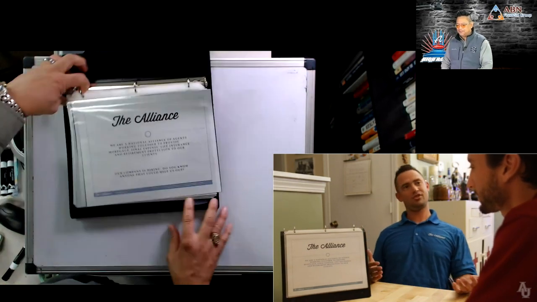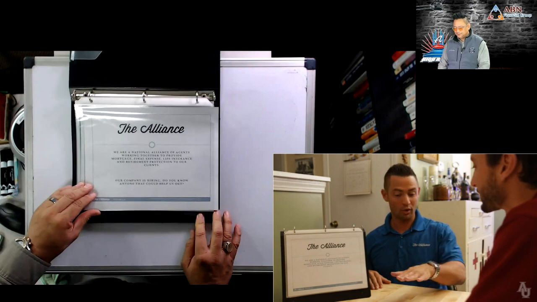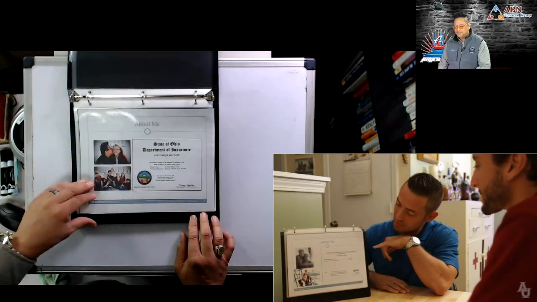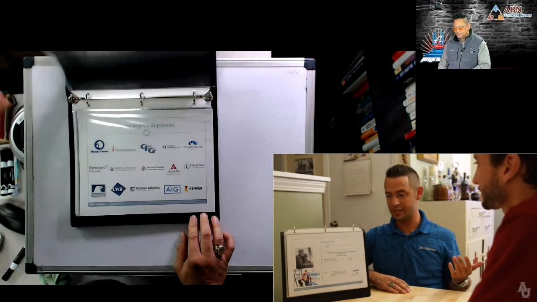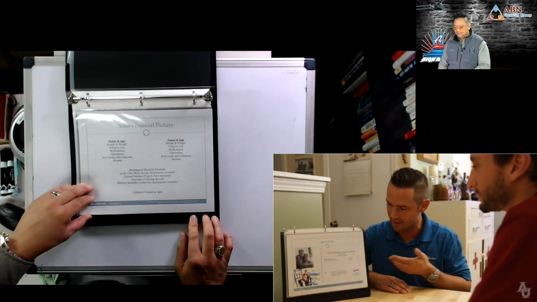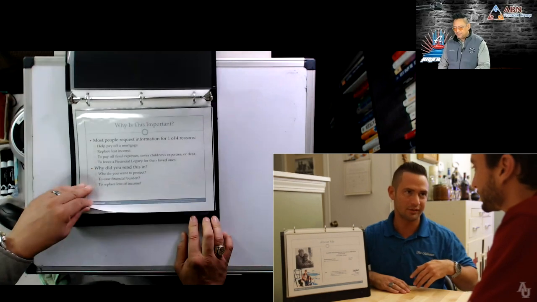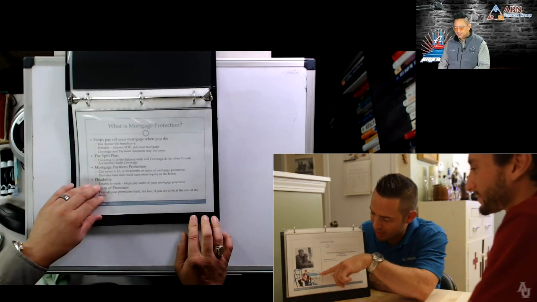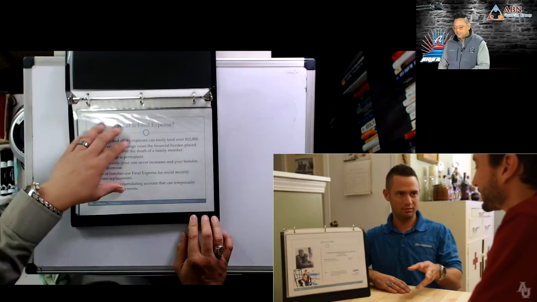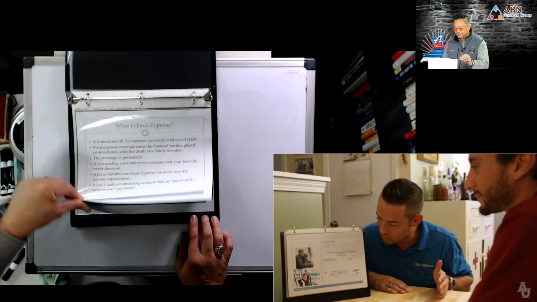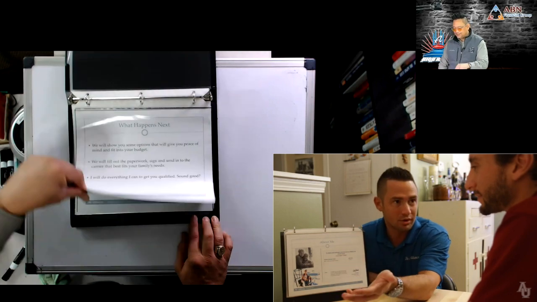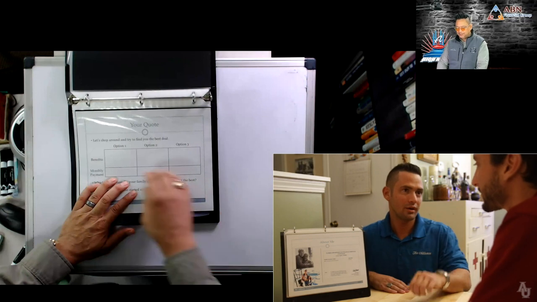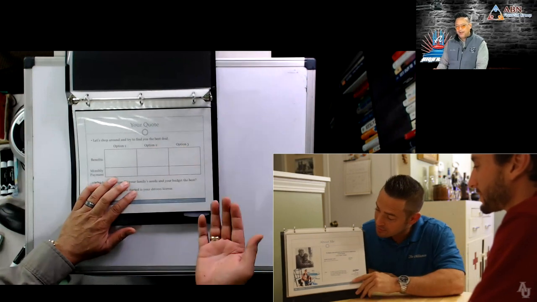So we're going to flip through the flip chart with the client, tell them about me, show them a picture of my family, the companies I represent, find out about them, their financial picture, why is this important. If I'm selling a mortgage protection lead, I'll go over this slide. If I'm selling a final expense lead, I cover this slide. We talk about what happens next, and then we're going to lay out the quote. We're going to write on a separate quote sheet that looks just like this, 3 options.